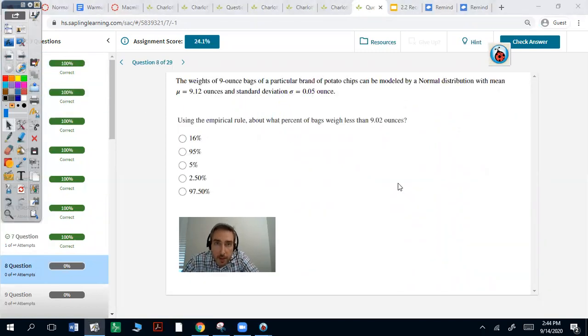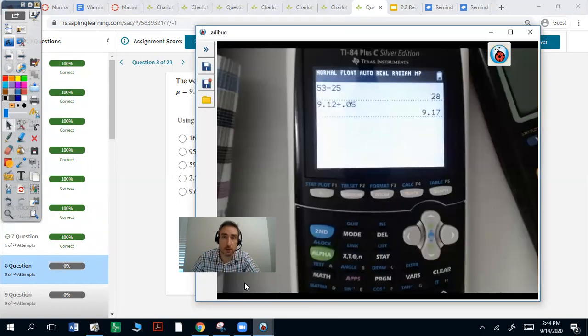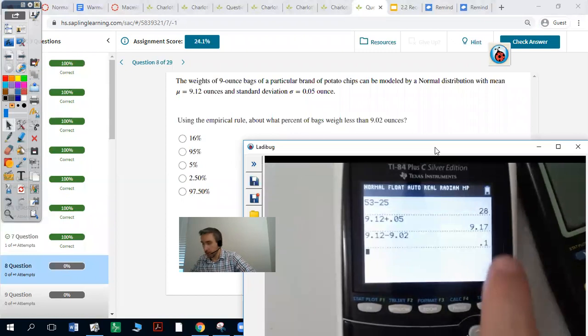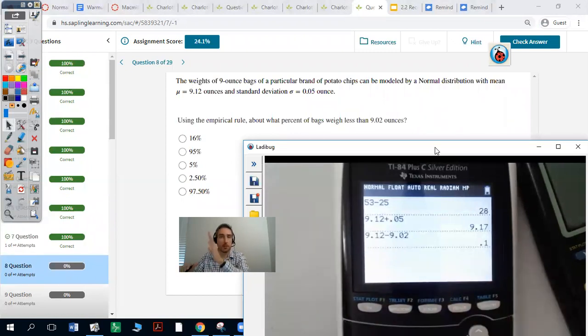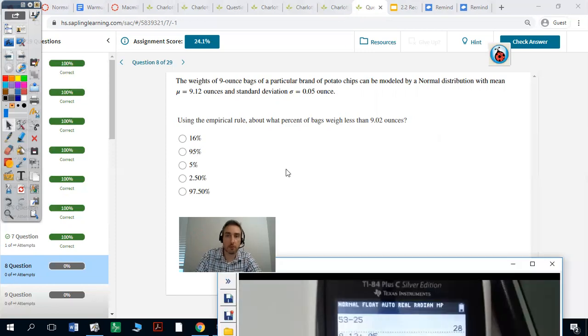Let's see, the weights in 9-ounce bags of a particular brand of potato chips are modeled by a normal distribution, mean of 9.12, standard deviation of 0.05. Using the empirical rule, what percent of bags weigh less than 9.02? Well, let's do a little bit of thinking here. So 9.02, that's 0.1 below. So that's actually 2 standard deviations below. So if you do the empirical rule, that's what they want you to do here.